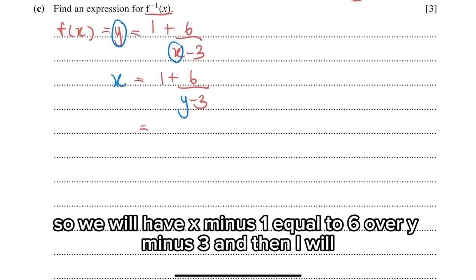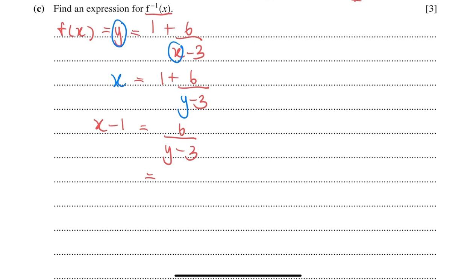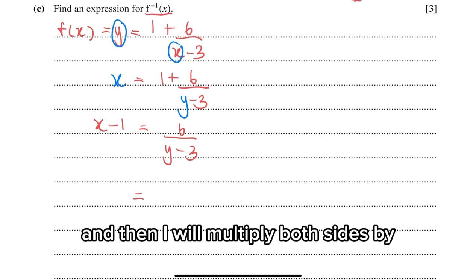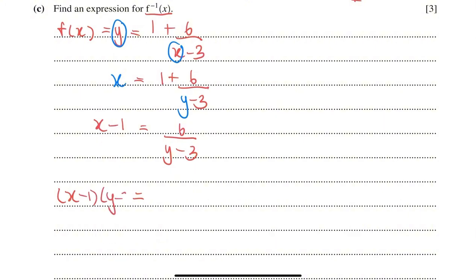So we will have x minus 1 equal to 6 over y minus 3, and then I will multiply both sides by y minus 3, which gives 6.